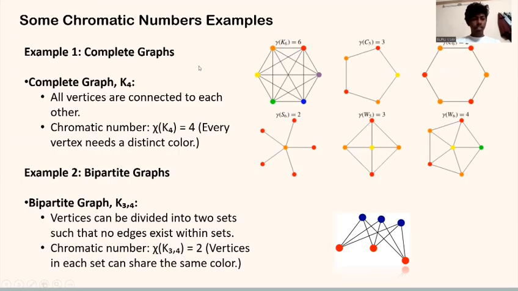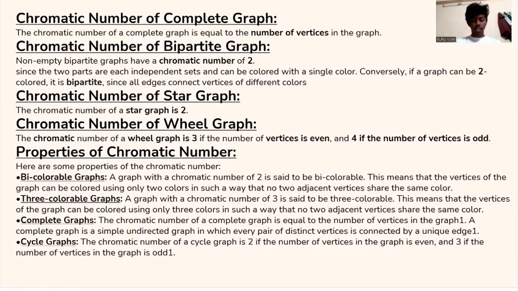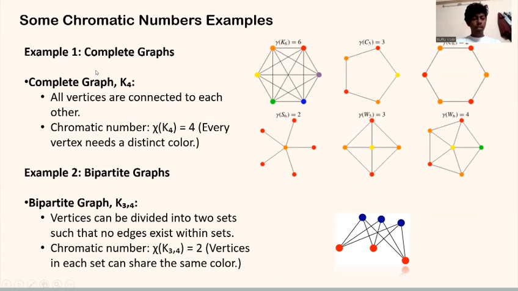In this example, we saw complete graphs. In complete graphs, based on the number of vertices, we can say the chromatic number. If it is a complete graph, the number of vertices of that graph is the chromatic number.